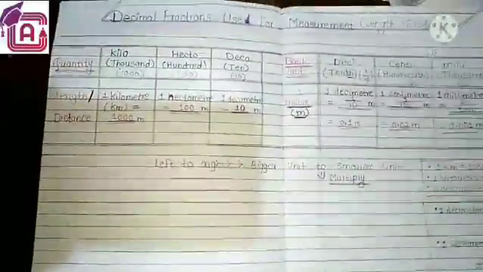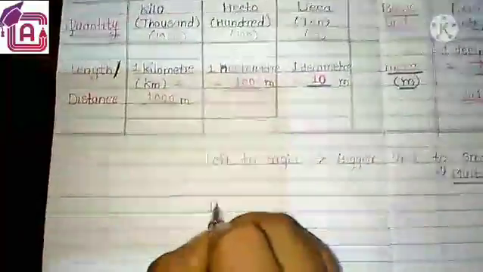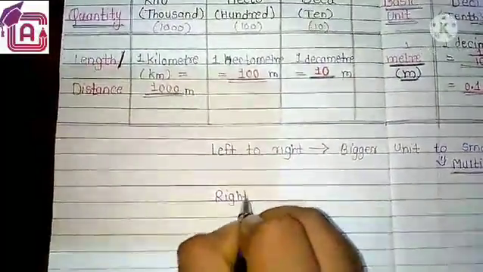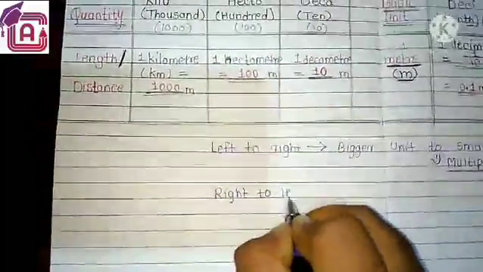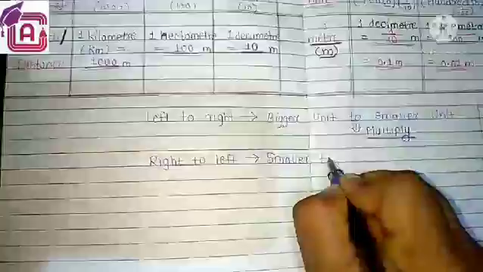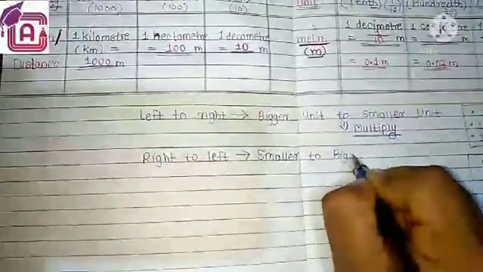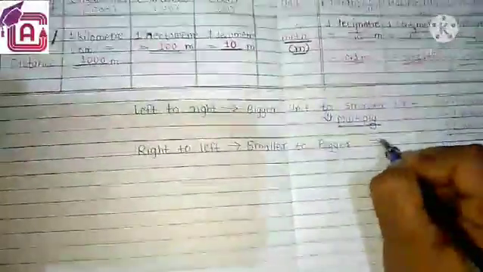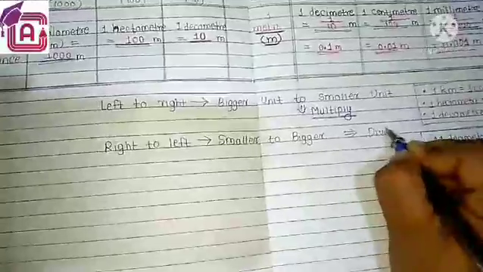And when you are coming from right to left, that is from smaller to bigger, at that time you have to perform the operation of division.